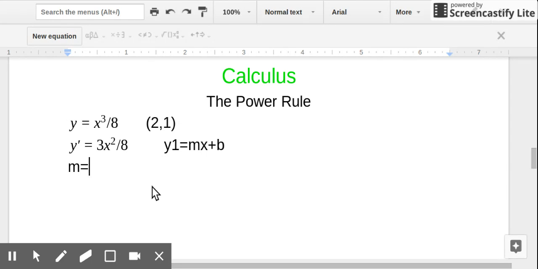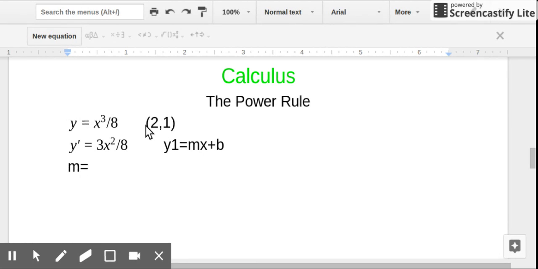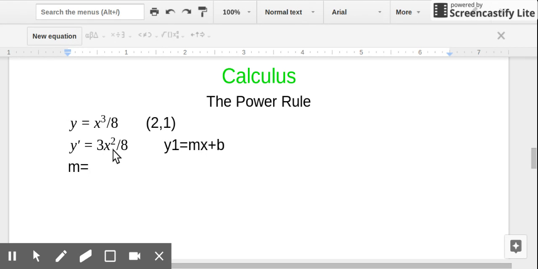m is equal to, so we're going to plug 2 in for our x. I think I better just bring up this equation here, so we get the proper notation written in.